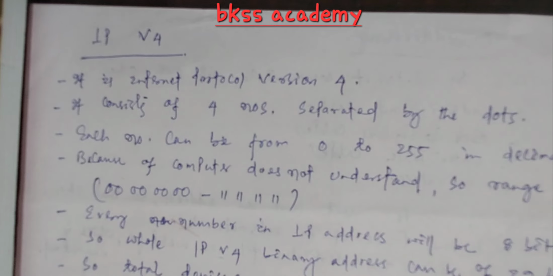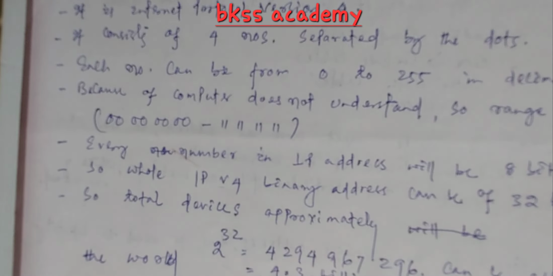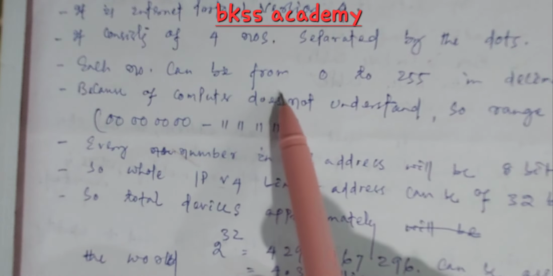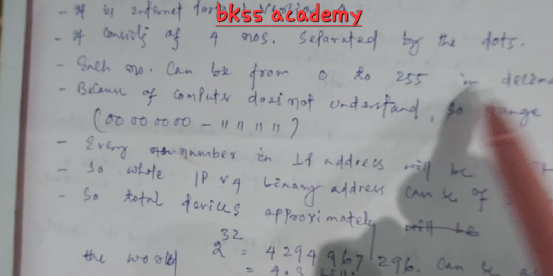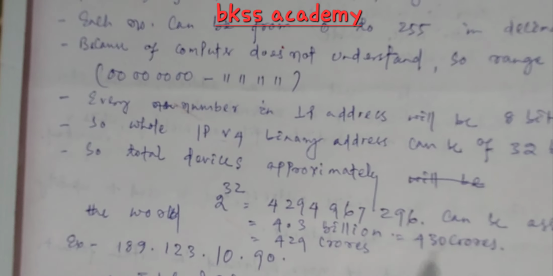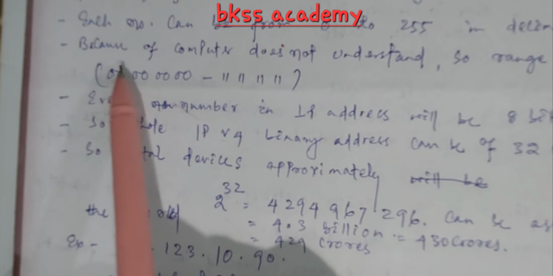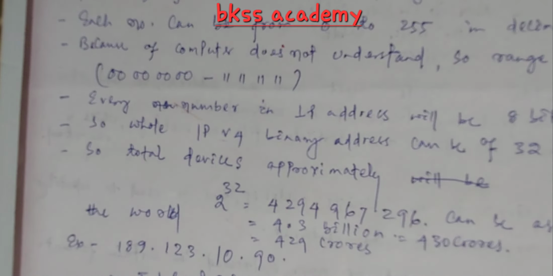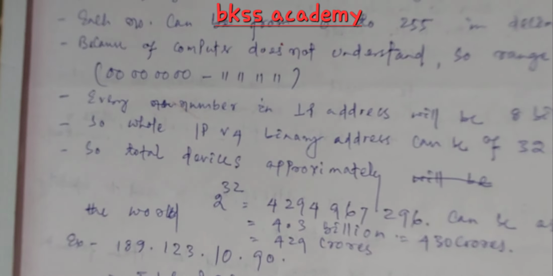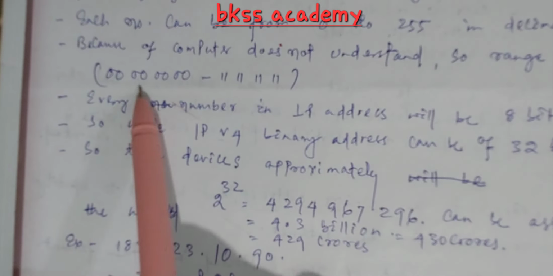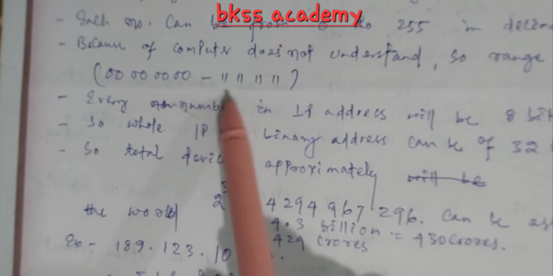IPv4 means Internet Protocol version 4. It consists of 4 numbers separated by dots. Each number can be from 0 to 255 in decimal, as I discussed just a minute before. Because the computer does not understand decimal, the range will be like this: 00000000, 8 zeros, to 11111111, 8 ones.